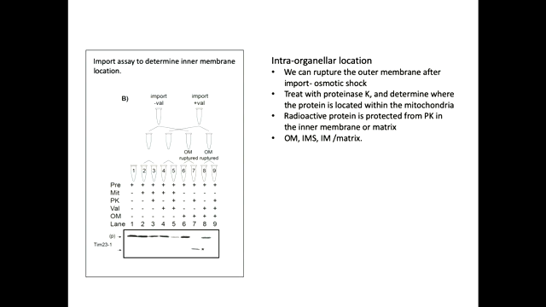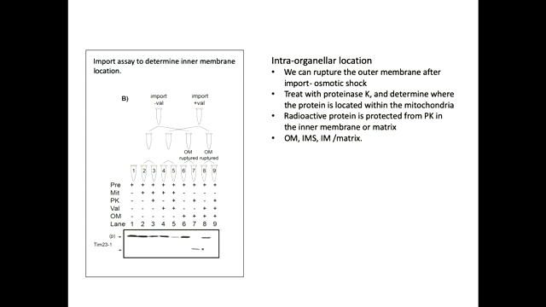So you osmotically shock the mitochondria. After your import reaction, you shock the mitochondria, the outer membrane ruptures. If you remember, the outer membrane is quite permeable, yeah? So the outer membrane ruptures, that leaves just the inner membrane. And these are called mitoplasts.